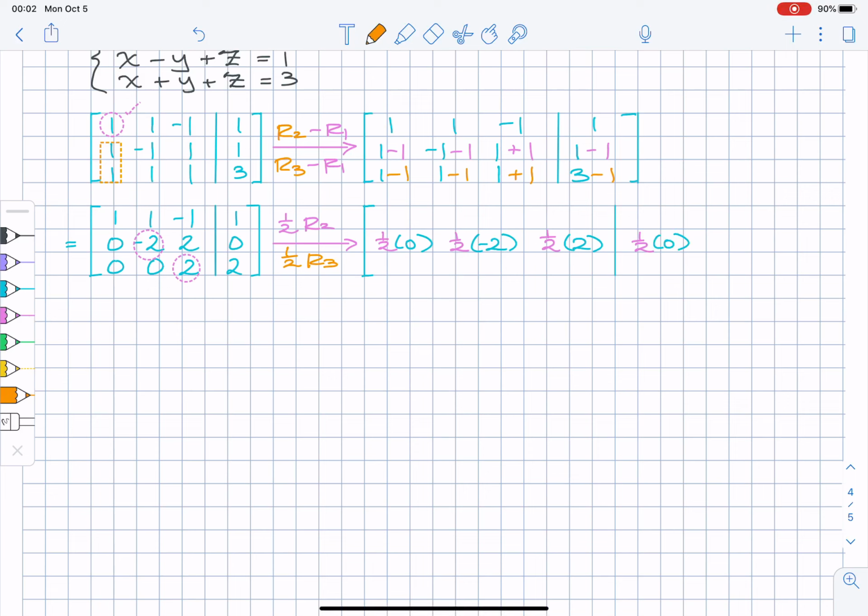Then 1/2 of 0, 1/2 of 0, 1/2 of 2, and 1/2 of 2. Row 1 is still 1, 1, -1, 1.